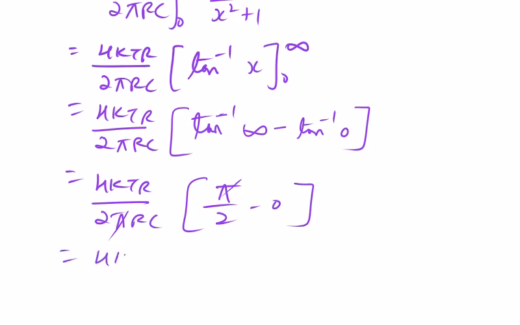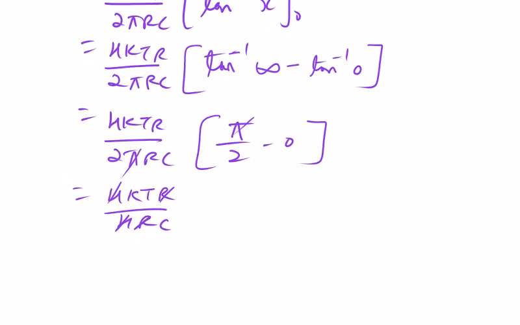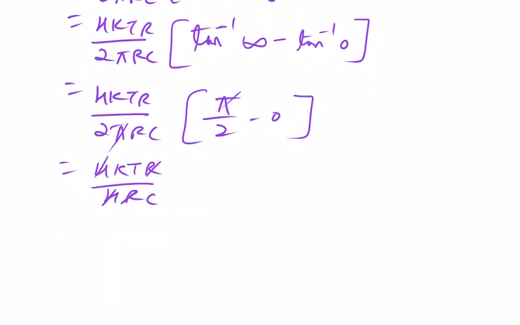So we get 4kTR divided by 4RC, so R and 4 cancel. So P_n out is equal to kT by C.